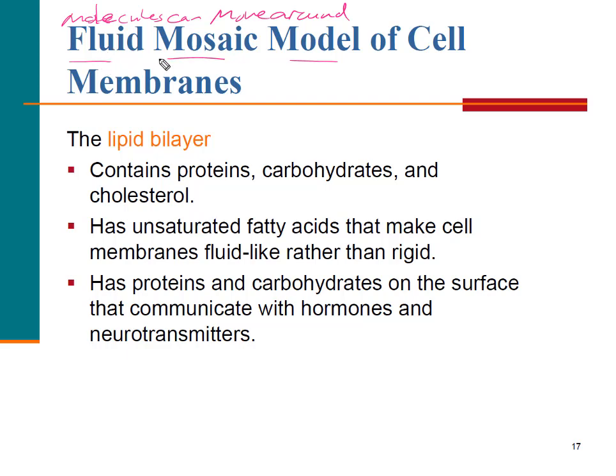So that's the fluid part. The mosaic means it's made up of a bunch of different parts. So a mosaic is composed of many parts, right? We have the lipid bilayer, and it says here it contains proteins, carbohydrates, cholesterol. That's the mosaic part.